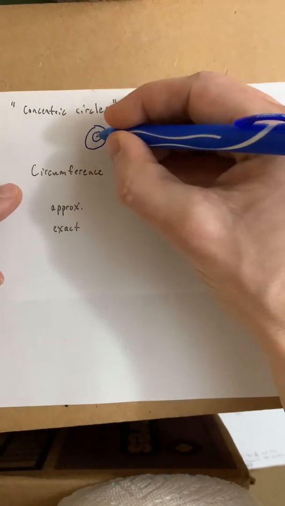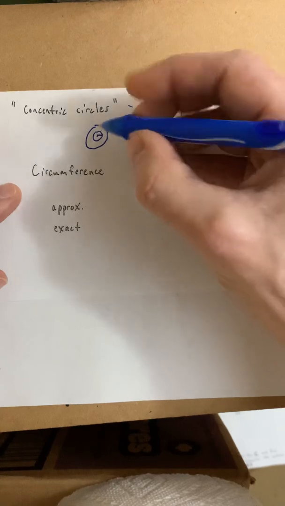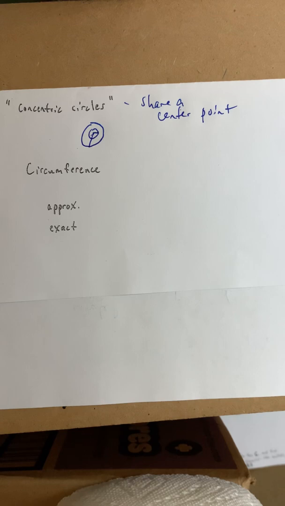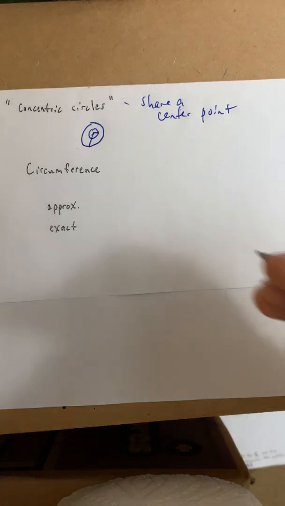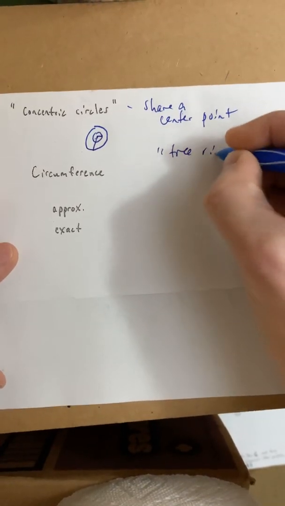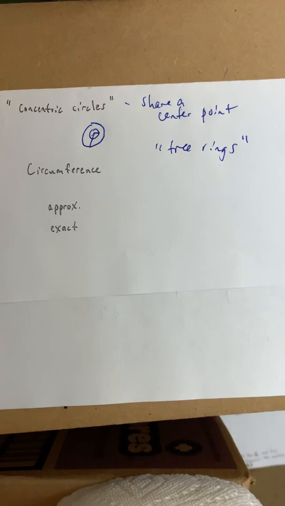Sometimes you'll see each radius drawn in, like the radius of the small circle here and the radius of the big circle there. Now, an example of concentric circles in nature or everyday life are tree rings. Environmentalists, botanists, people that work with trees or nature, a lot of times can estimate the age of a tree by cutting the trunk open and looking at the tree rings.